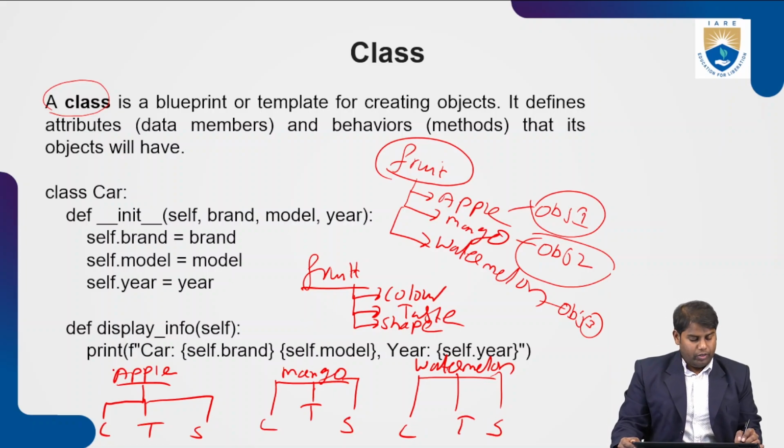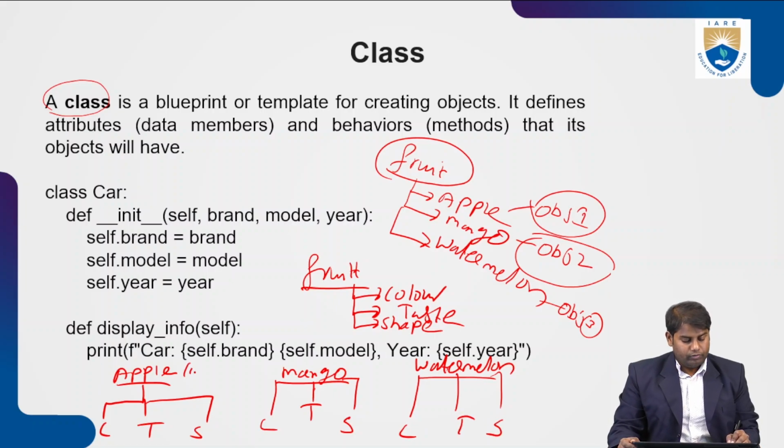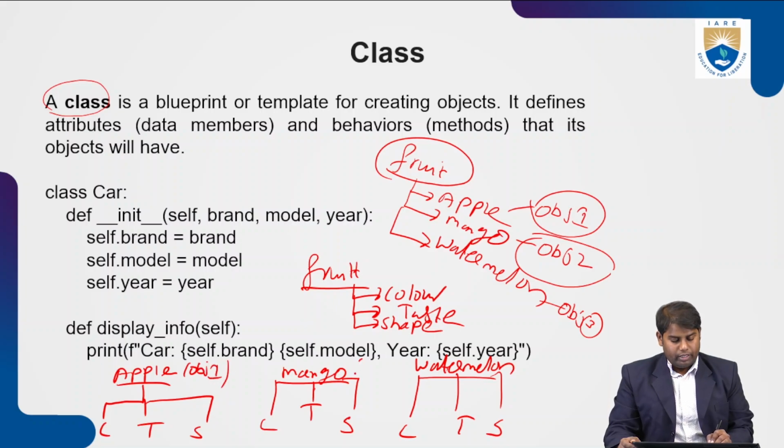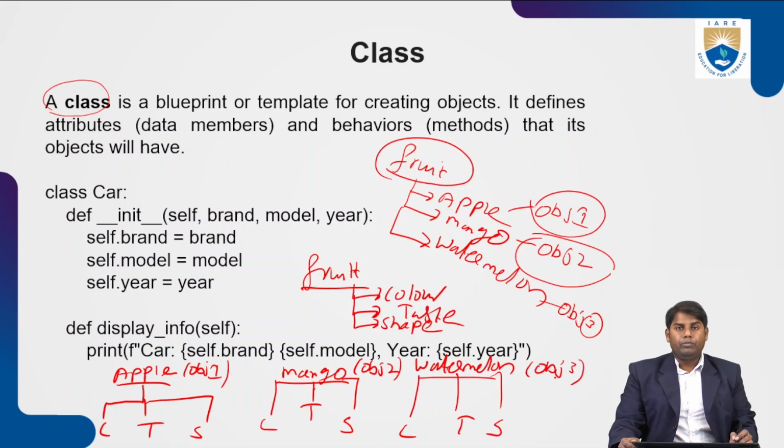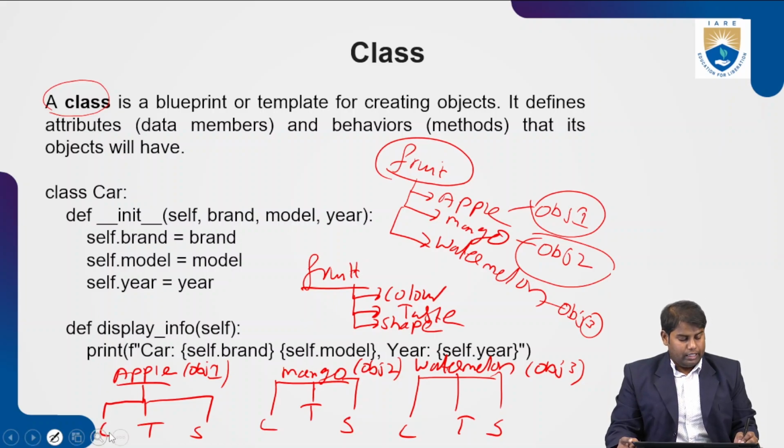So we can call these obj1, obj2, and obj3. For these objects, the attributes or parameters are color, taste, and shape.